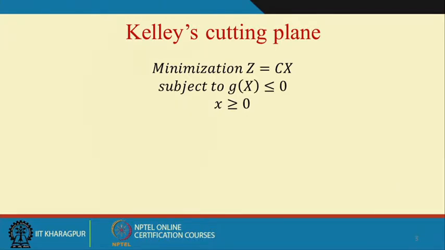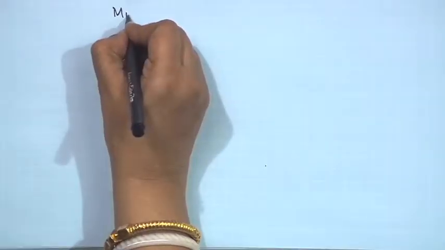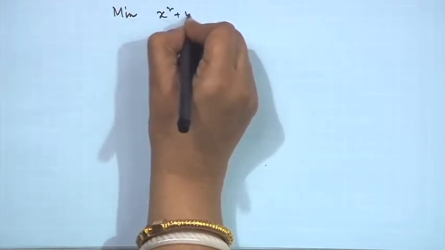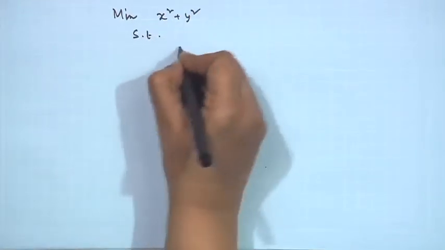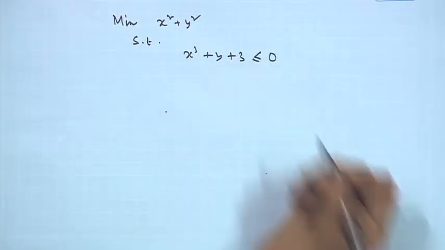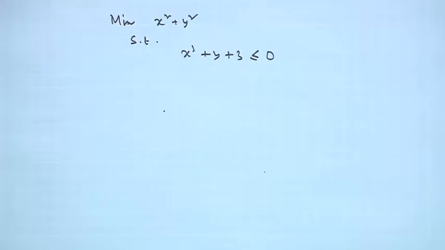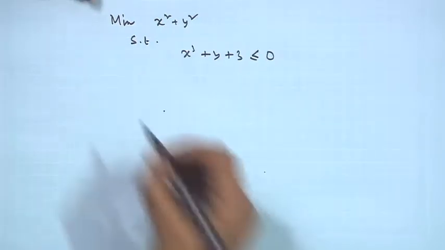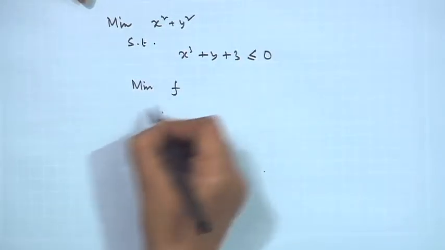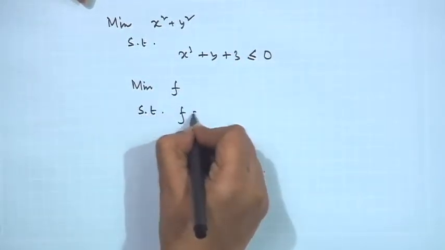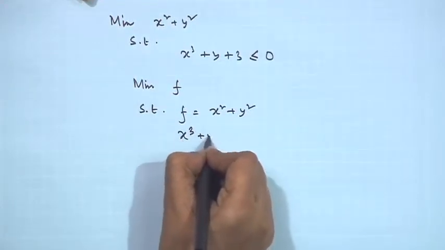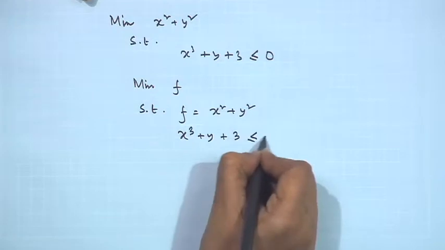Okay. Now, if we have a nonlinear objective function, say minimization of x square plus y square subject to x cube plus y plus 3 less than or equal to 0, we can make this a linear function by considering it this way: minimization of f subject to f equal to x square plus y square and x cube plus y plus 3 less than or equal to 0.